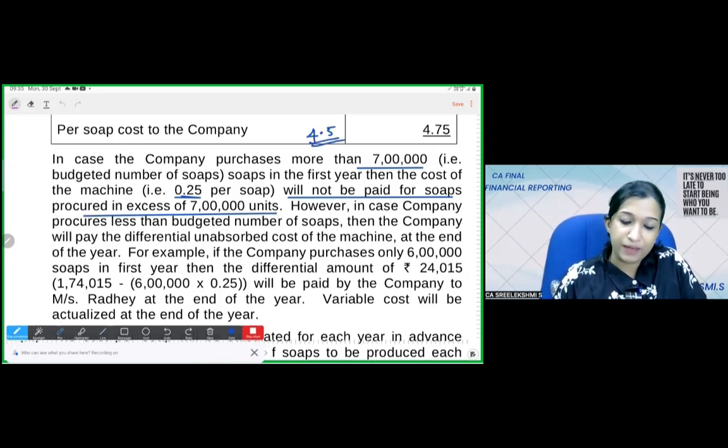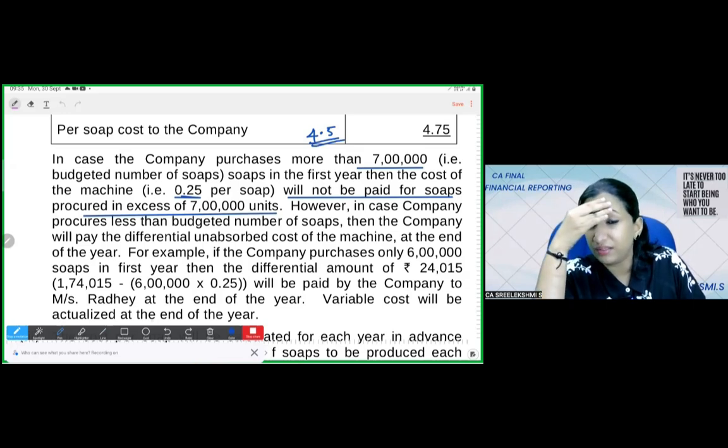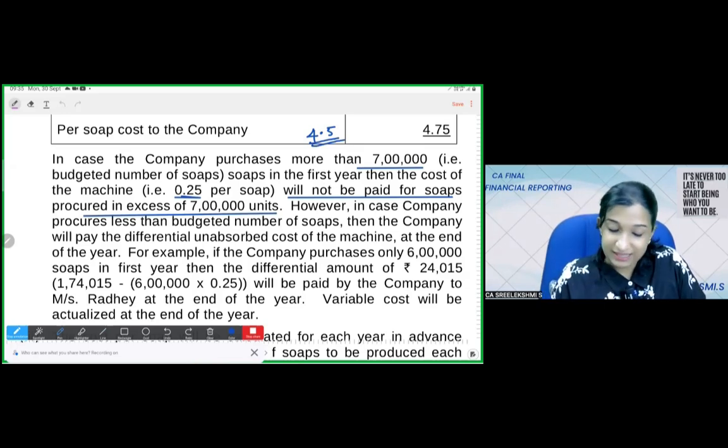However, in case the company procures less than the budgeted number of SOPs, then the company will pay the differential unabsorbed cost of machine at the end of 1 year. For example, if the company purchases only 6 lakh SOPs in the first year, then the differential amount of 24,015 will be paid.